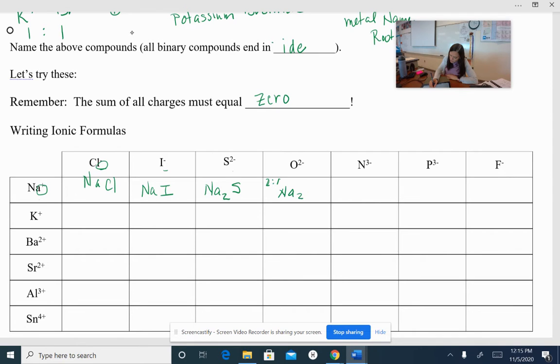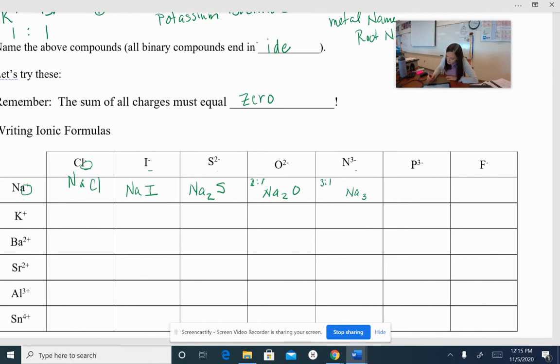So Na2O, sodium oxide. Okay, +1 with a -3. Hopefully you came up with an LCM of 3, so I need 3 sodiums and 1 nitrogen. So Na3N: 3 sodiums equals +3, and 1 nitrogen equals -3. Sodium +1, phosphide -3.